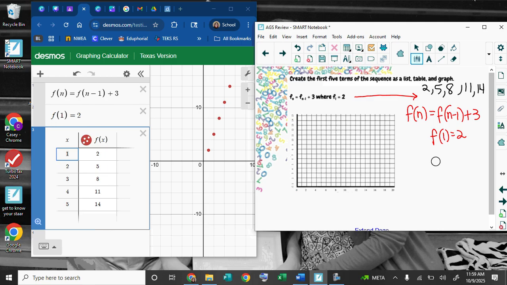You could have figured that out yourself, because you could have said 2 plus 3 is 5, plus 3 is 8, plus 3 is 11, plus 3 is 14. You can do that also, but this gives you peace of mind.